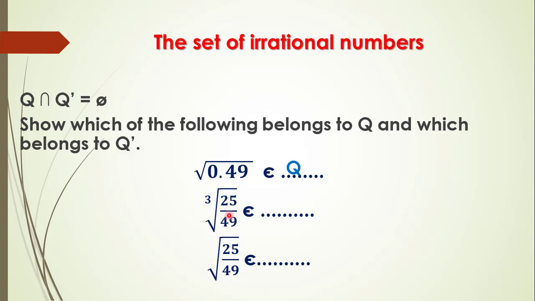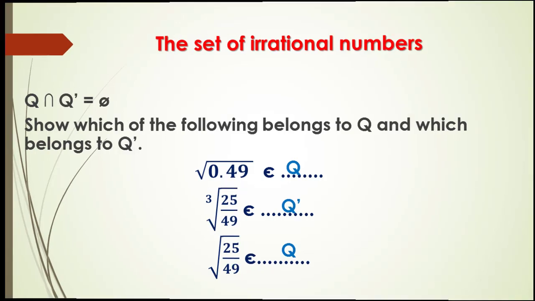The cube root of 25 over 49. 25 and 49 are not perfect cubes, so this number belongs to Q dash. Root 25 over 49. This number is a perfect square. So root 25 is 5, root 49 is 7. So this number belongs to Q, the rational numbers.